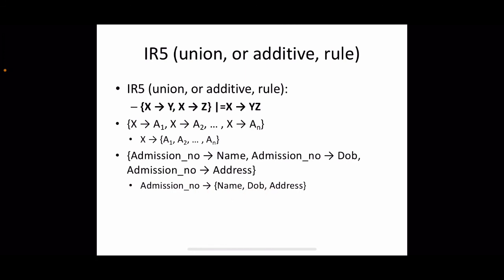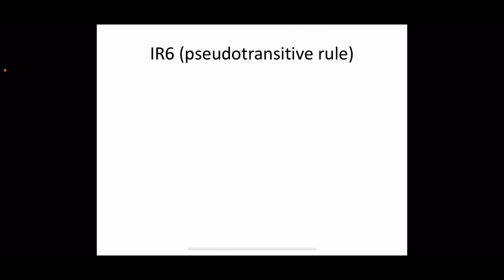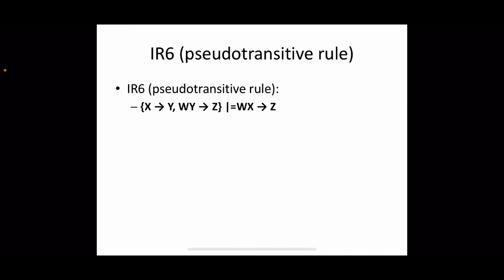And the last rule is IR6, which is called the pseudo-transitive rule. That states that if we have two different dependencies, X determines Y and WY determines Z, then we can replace this Y by X to generate a new dependency. Okay, and that is called the pseudo-transitive rule.